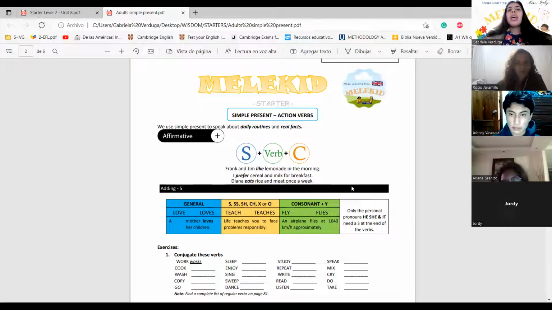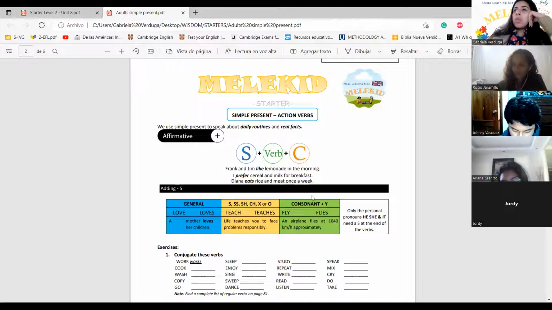Consonant plus y: fly, flies. Yes, we drop the y and change it into an i, and then we add es, flies. Now, it's important that you remember consonant plus y.